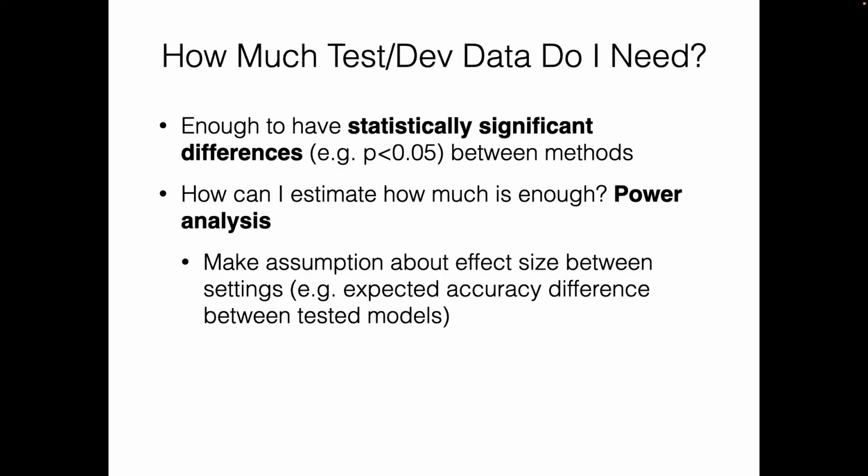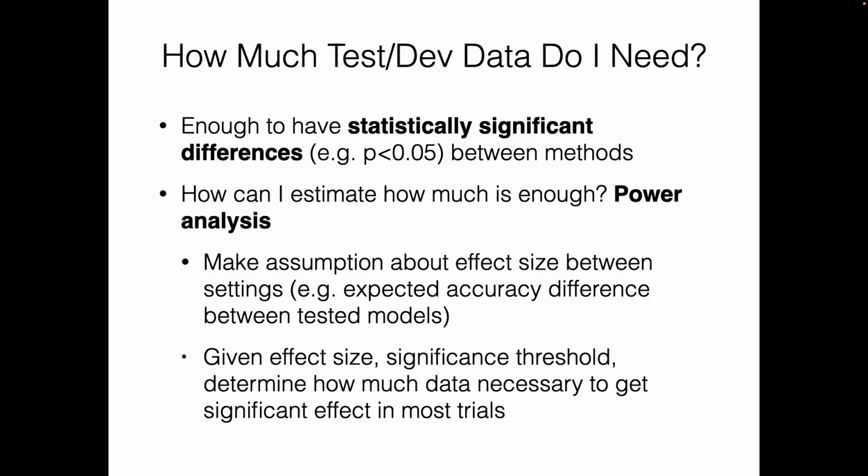So let's say you want to build a data set that allows you to detect a difference of 0.03 in the performance of two models. Then given this size and some threshold that you have, what power analysis can give you is the number that is necessary to get the effect in most trials.